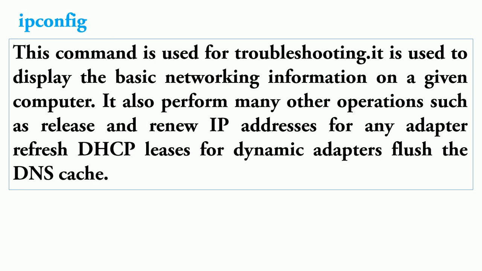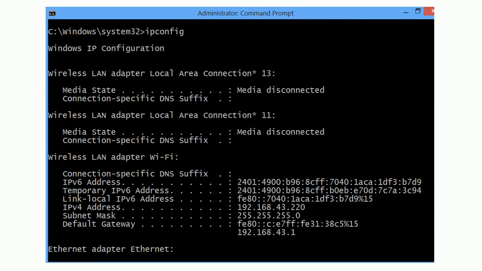So it displays the configuration information, that is necessary information, and it also gives you information about renewing IP addresses and adapters, and it will also flush the DNS cache. DNS is domain name system, and the cache is the temporary data that it will flush. For this command in the CMD, you have to write ipconfig, and then it will display all the Windows IP configuration information.